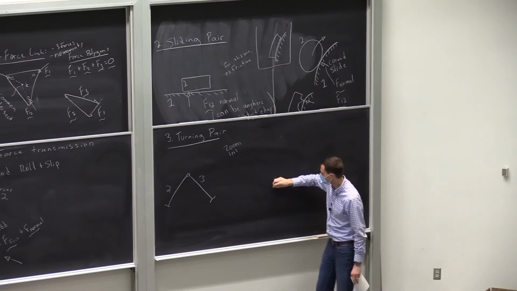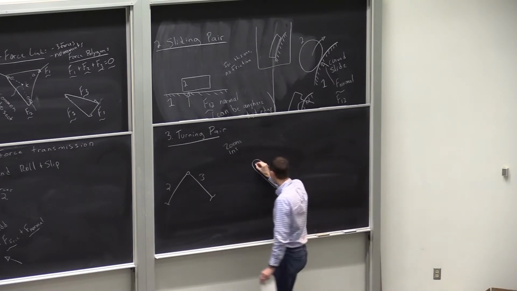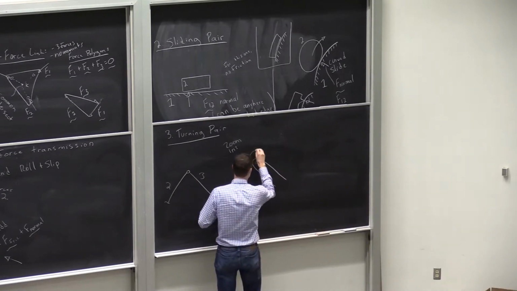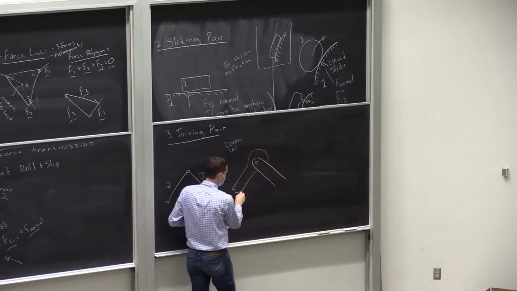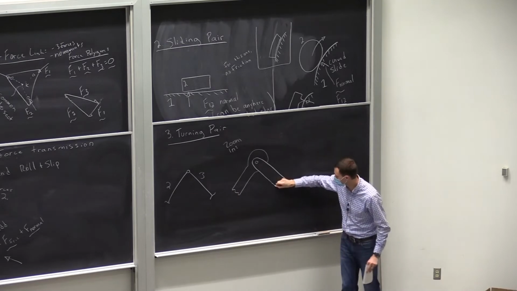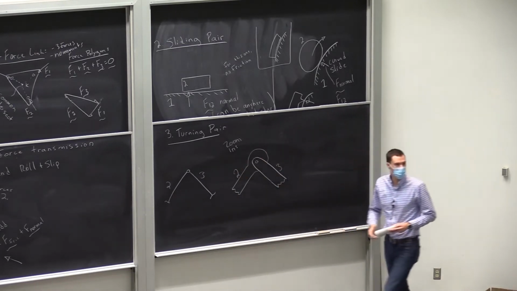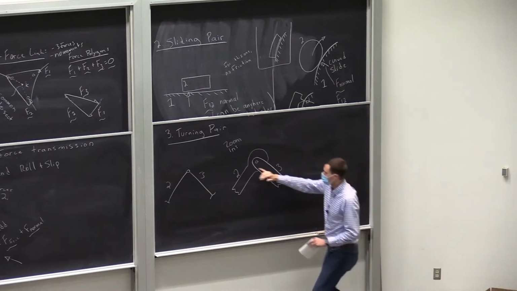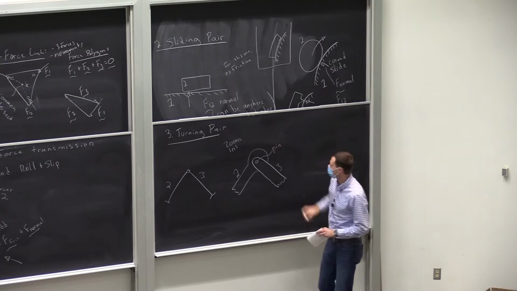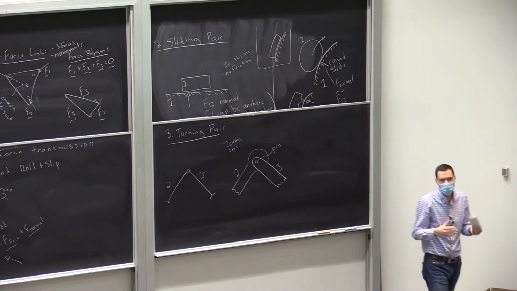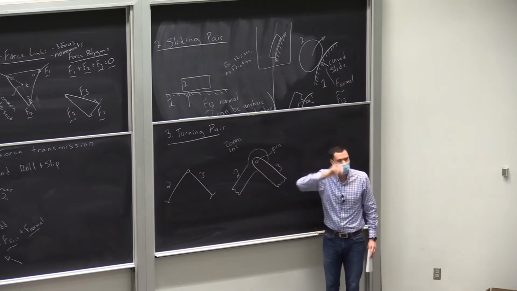So I'm going to draw those links a little bit bigger here, more of a cross-section kind of drawing. So there they are. Now we can see there are the 2 links, and between them there's this pin. Every turning pair may have something going on there, like maybe there's actually a ball bearing with a bunch of balls going around.